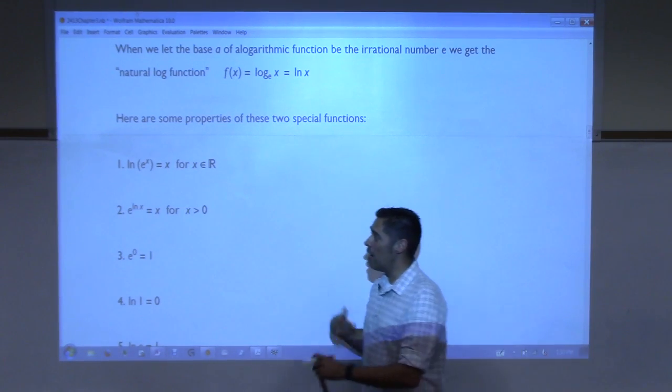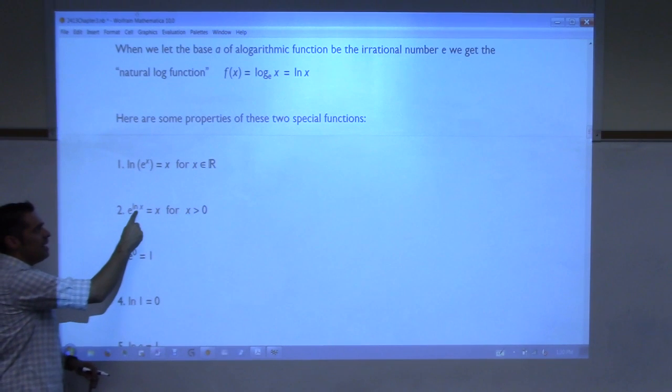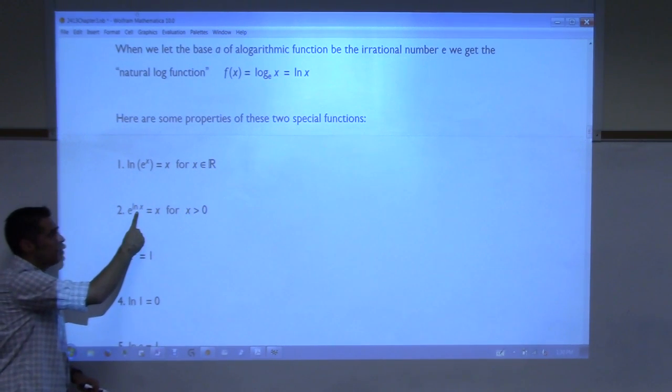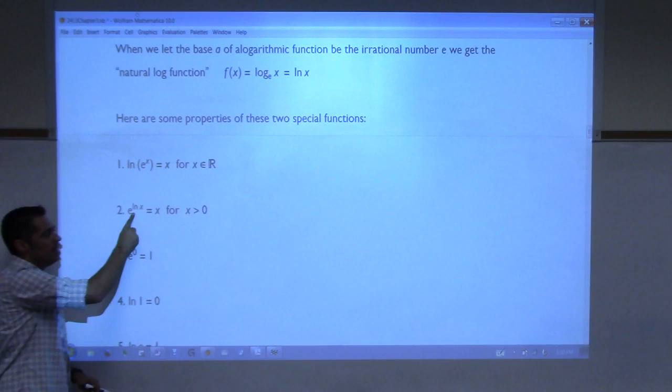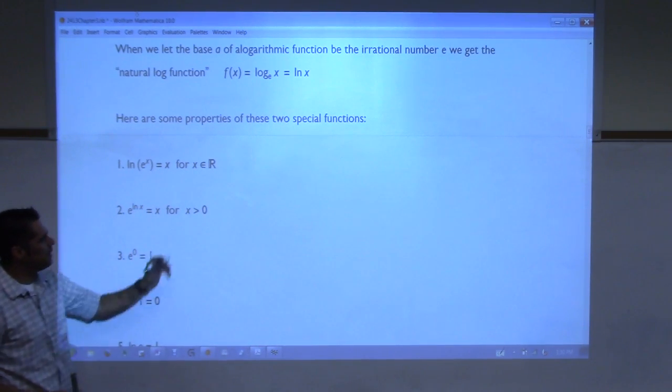If you do it the other way around, and you take e, and in the exponent you put the natural log function, they kill each other off, and it spits out whatever was in the natural log function. So x comes out. But that only works if x is bigger than 0.